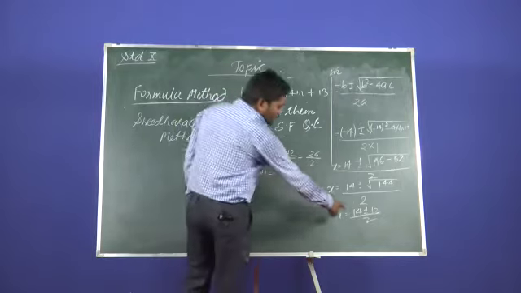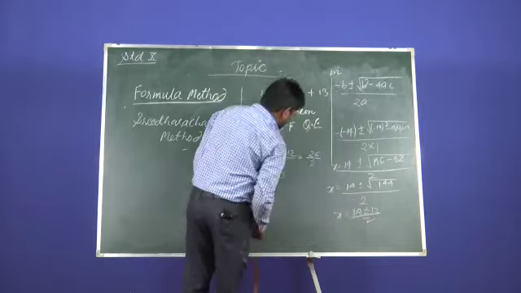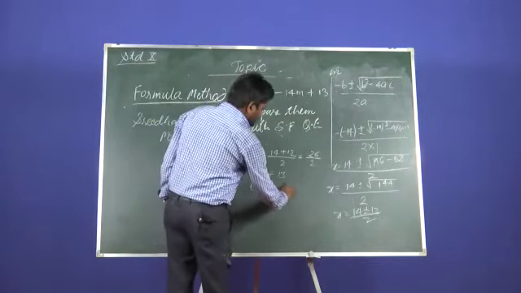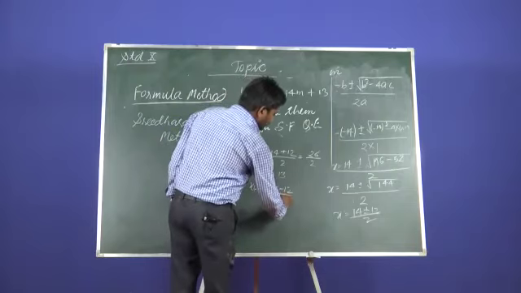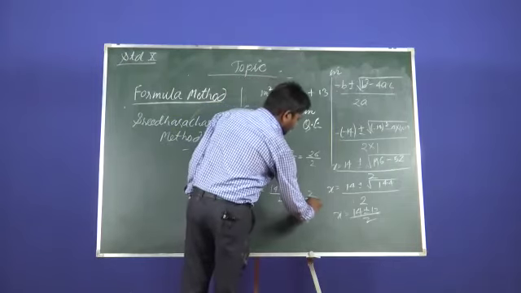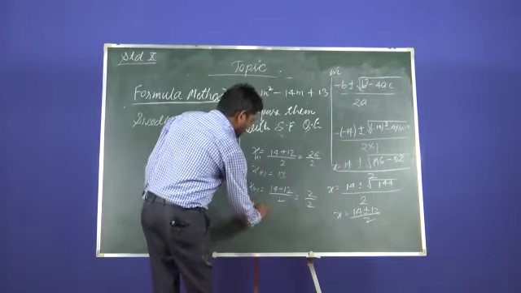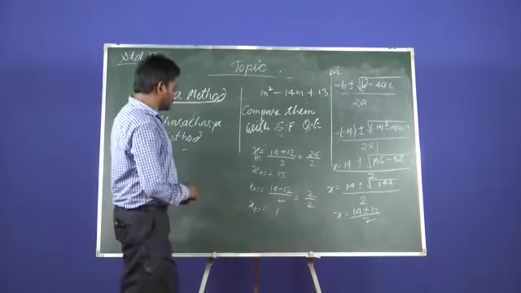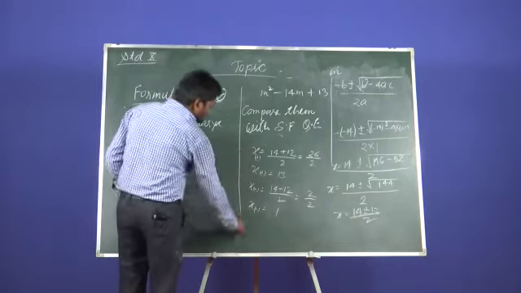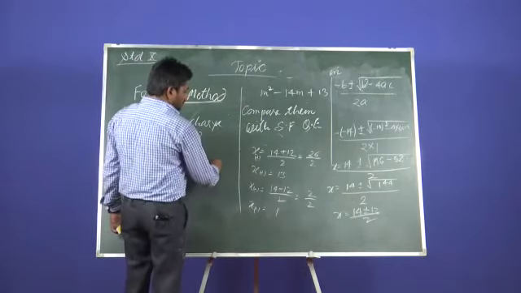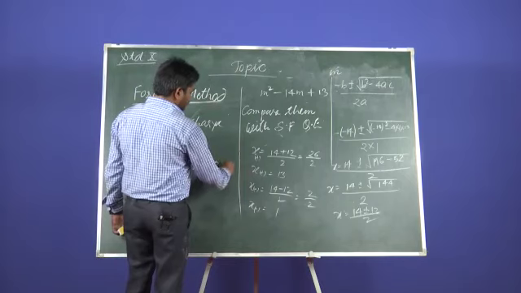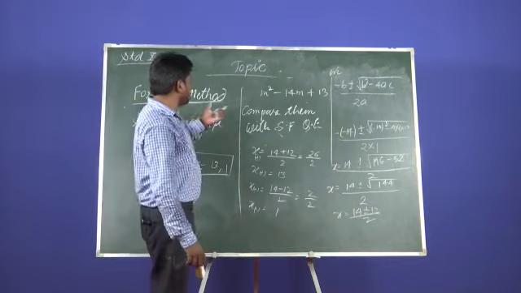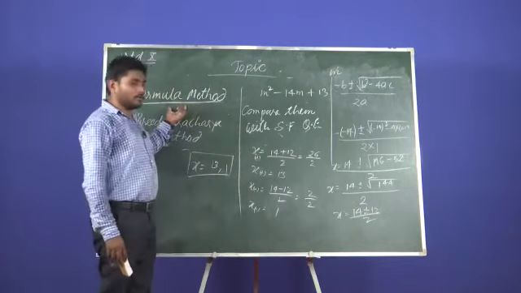And taking the negative sign, x negative is 14 minus 12 upon 2, which is 2 upon 2, which gives 1. So the values of the roots are x equals 13 and 1. This is the value of the roots by the formula method.